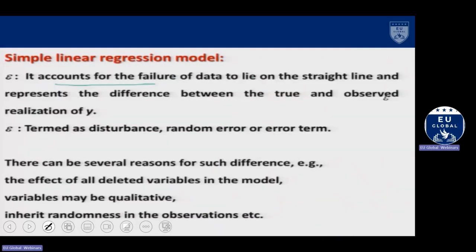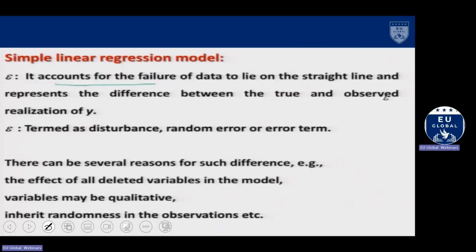So next we come to epsilon, right? So what is epsilon? Epsilon is basically identified as a random error. It accounts for the failure of data to lie on a straight line and represents the difference between the true and the observed realization of y.